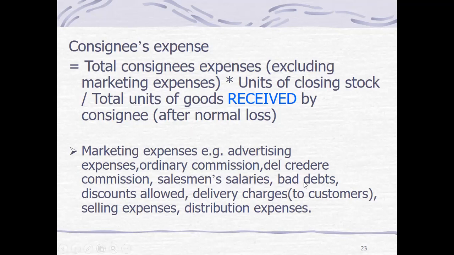If we are talking about delivery costs from the consignor to the consignee, that will be added as a cost of the product, therefore a product cost or inventoriable cost, because it facilitates the consignment contract. But from the consignee to a third party, that is the customer, the delivery charges shall be expensed immediately. Then selling expenses as well as distribution.